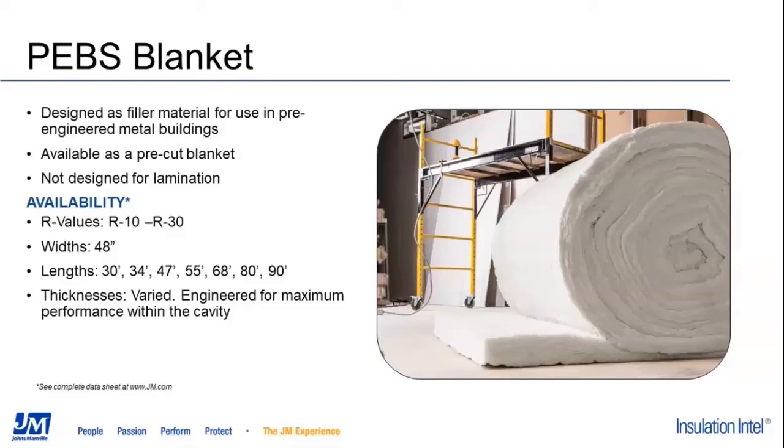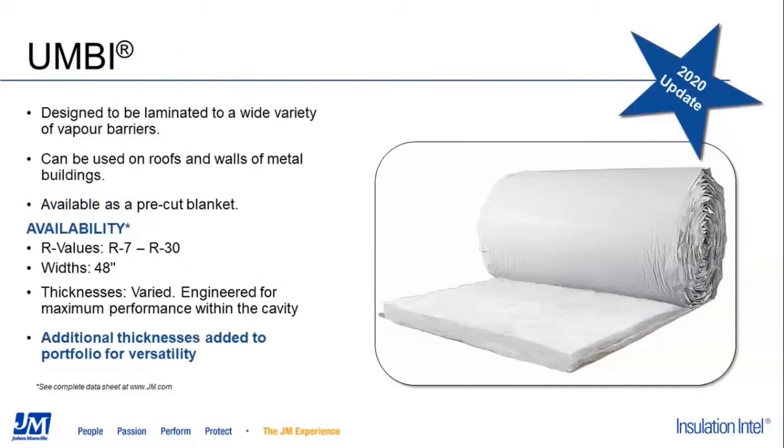And then finally, our last product for the fiberglass batts and rolls category is what we call UMBI. This is also a metal building product, but is designed to withstand lamination from a facing. JM does not laminate metal building insulation, but the customers who purchase it from us do. So this product is designed to meet the project's specified R value after lamination.